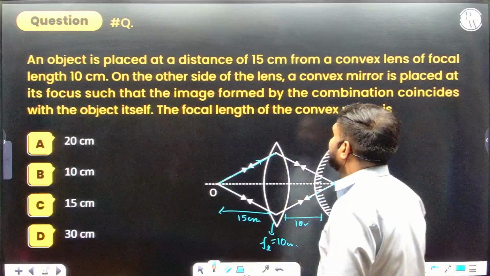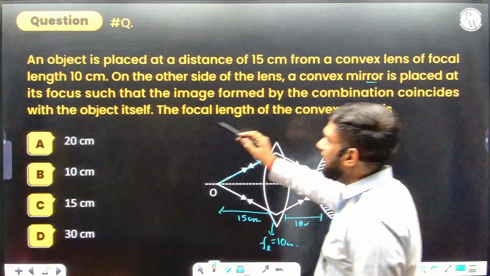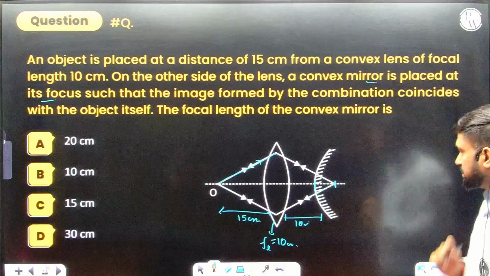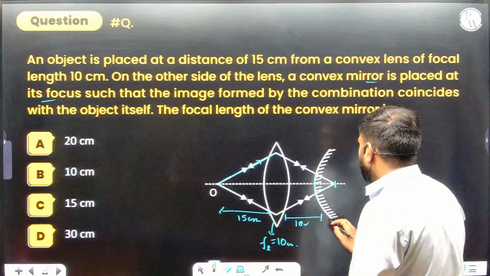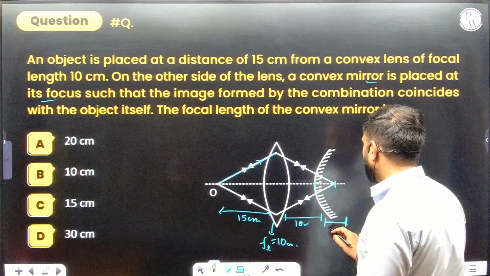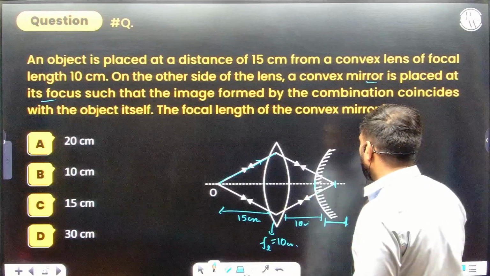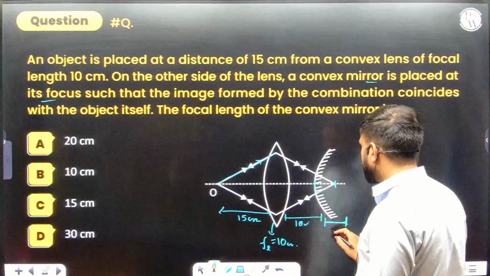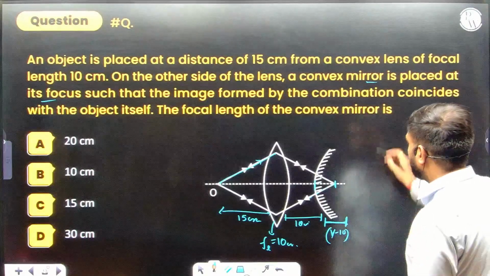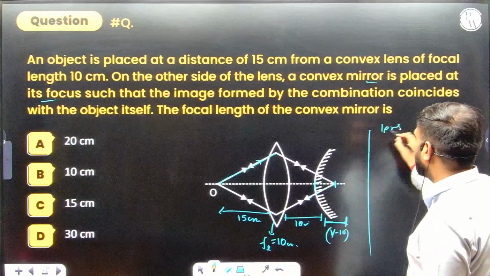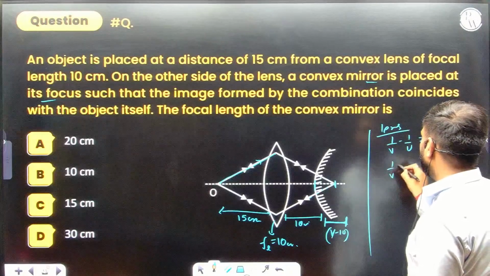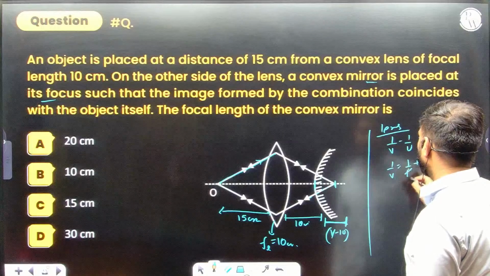They are saying that the convex mirror is placed at the focus of this lens, that means at 10 centimeters. Now see, the image formed behind the mirror is, whatever the image distance is, image distance minus 10 centimeters. Correct or not? So let's figure that out. For the lens, the formula is 1 by v minus 1 by u is 1 by f. So 1 by v is 1 by f plus 1 by u.